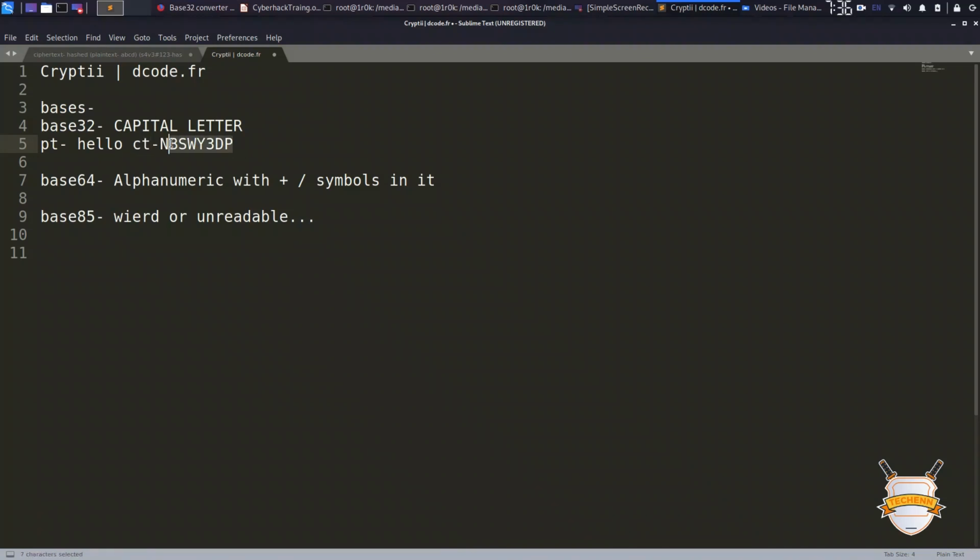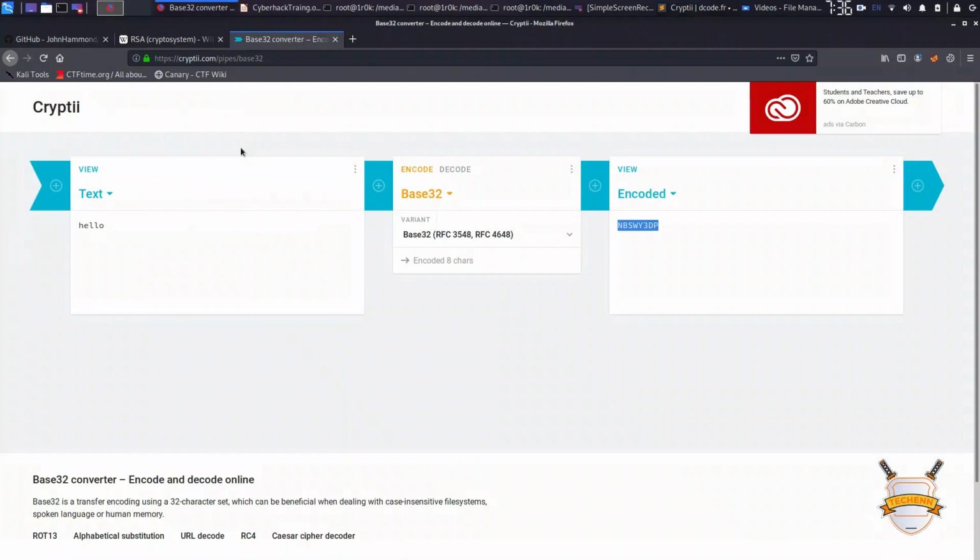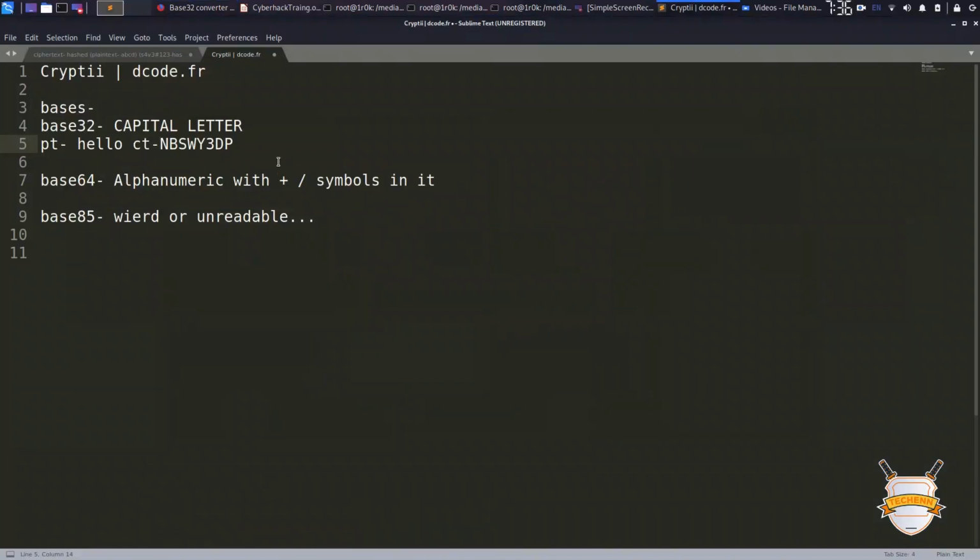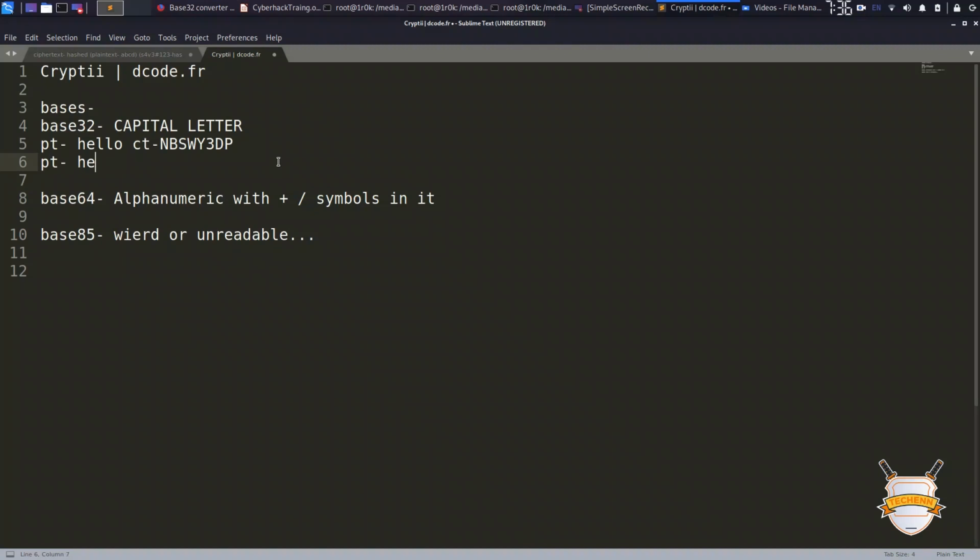Here you can see they are all capital letters. It also consists of alphanumeric, but they will always be capital letters. And hello123: plain text is hello123 and cipher text is this.